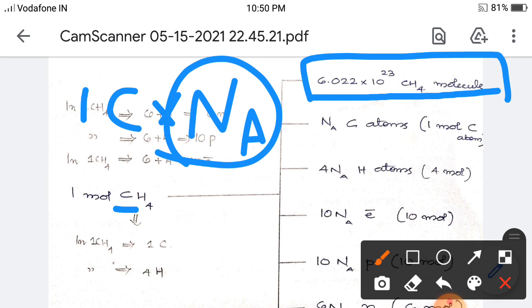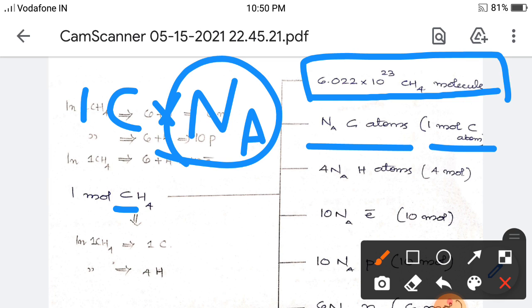We can write it like this: 1 mole of carbon atoms is present. So 1 mole CH4 contains 1 mole of carbon atoms. That is NA carbon atoms, which means 1 mole of carbon atoms.